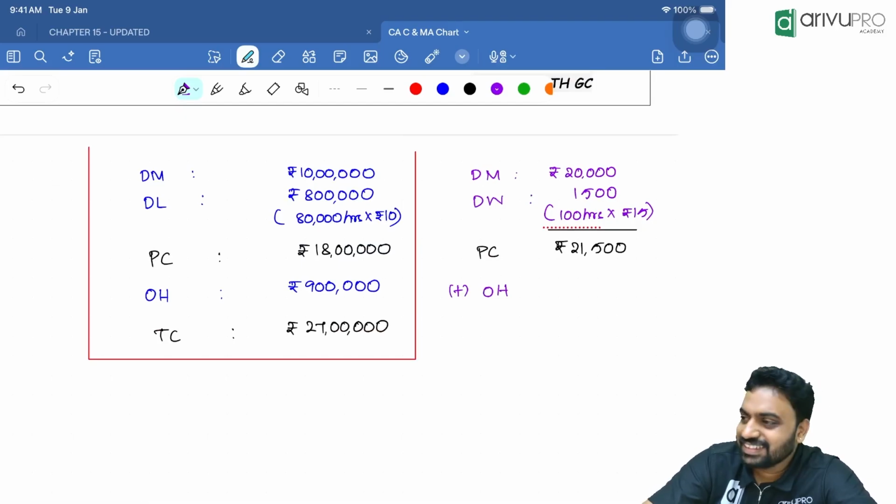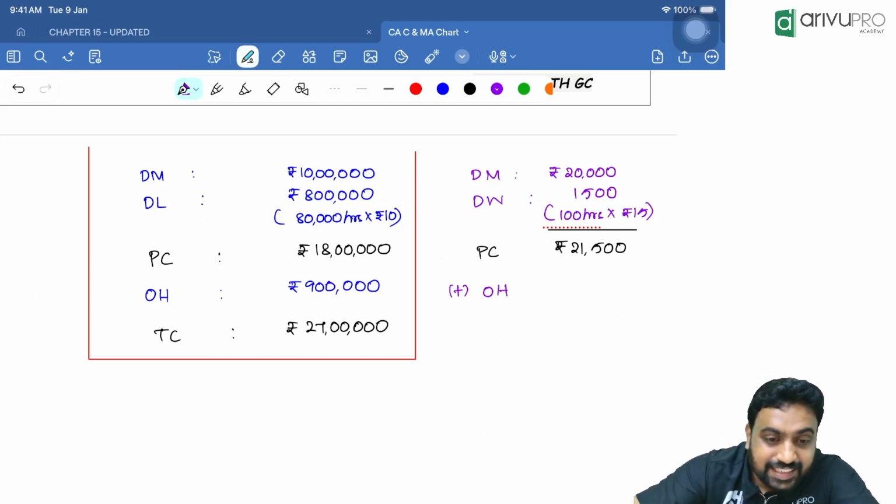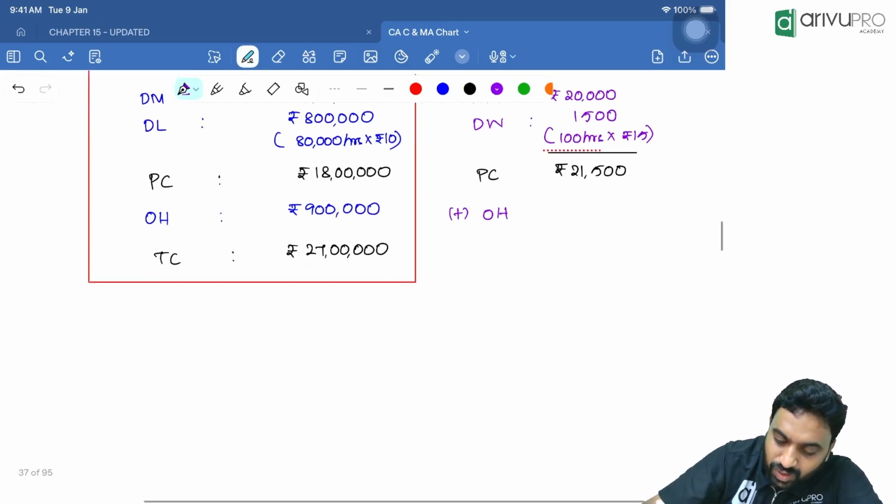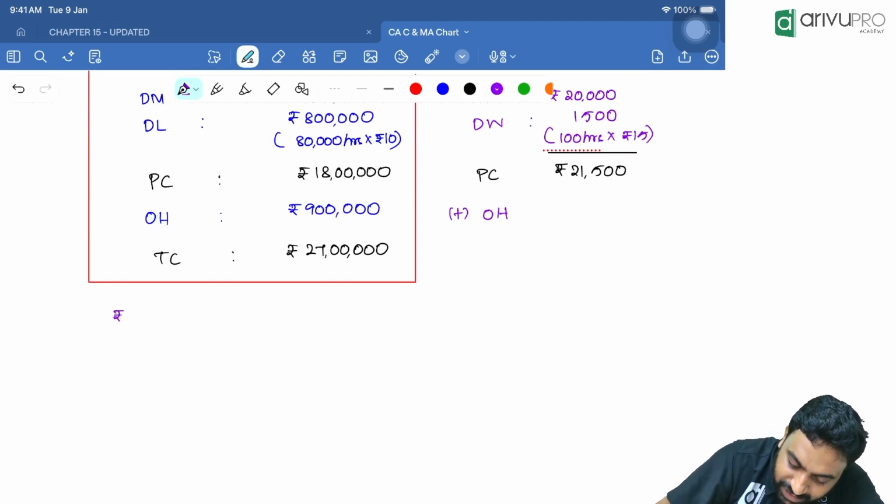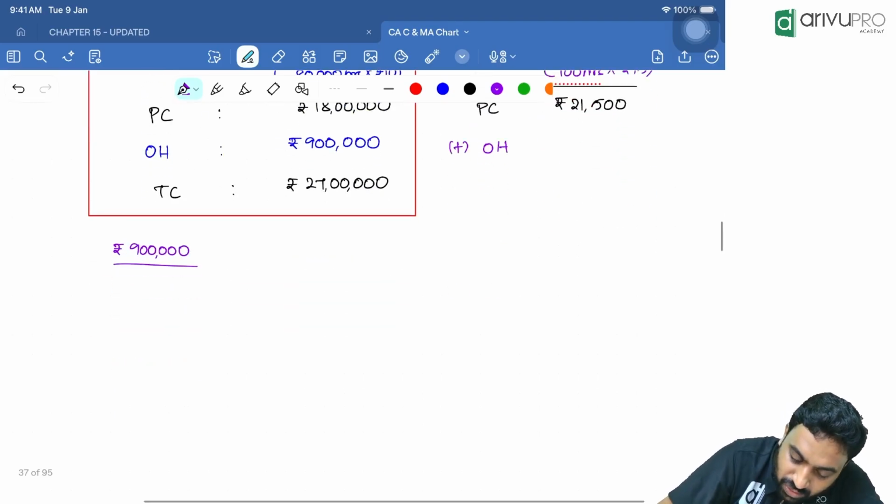Labor hour. Done. See, we have different methods for absorption. Method number 1, as a percentage of direct material. What is that, sir? For the whole organization, guys, how much was the overhead? 9 lakh. How much was the direct material of the whole organization? 10 lakh.